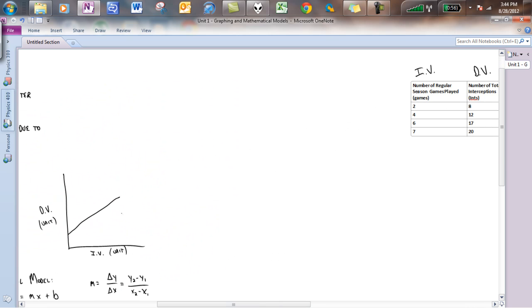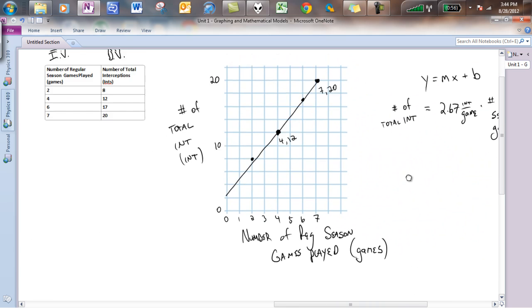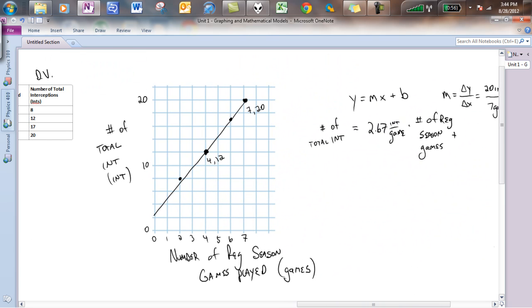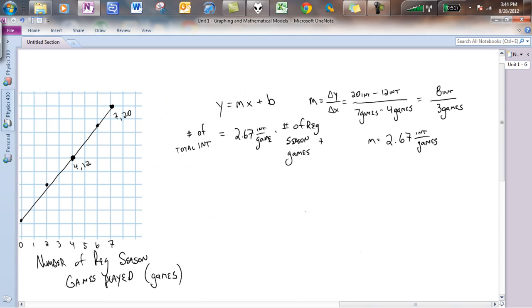Our y-intercept is right there. It looks like it's a little bit above our first value, which is 2, but not necessarily 3 yet. So I'm going to say 2.5 in this case.